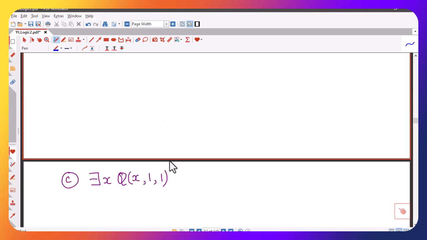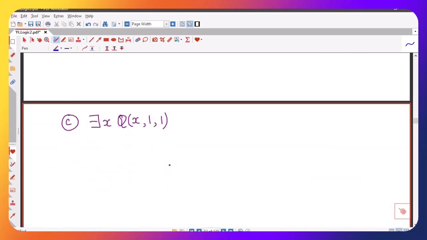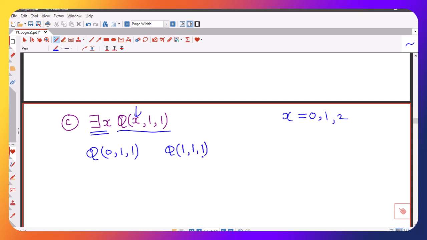Next one is there exists x such that this is true, and in the domain the possible values of x are 0, 1 and 2, and here we have an existential quantifier. So this is valid if it is true for x equal to 0, that is 0, 1, 1. It is valid if it is true for x equal to 1, so I take x equal to 1 here, and it is true if x equal to 2.